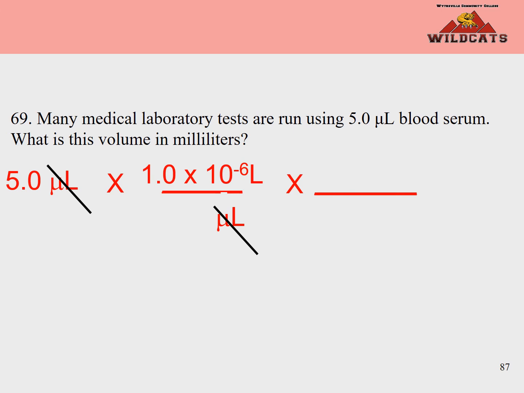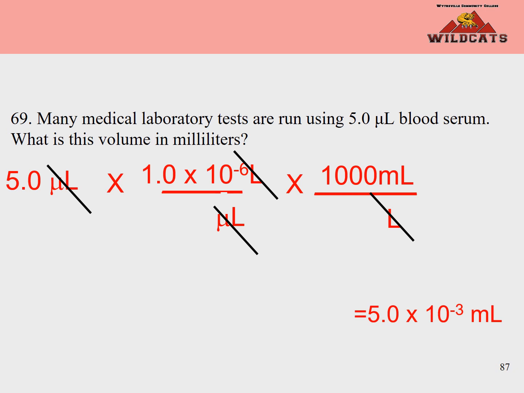And if we multiply these two, we'll end up with liters, but I want to know the volume in milliliters. So I'm going to get rid of the liters, put milliliters on the top. There are 1,000 milliliters in a liter. And we end up with 5.0 times 10 to the minus 3 milliliters.